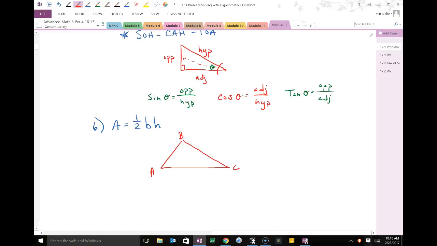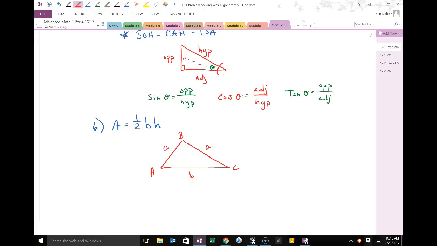Okay, let's say my base is going to be this right here, B. By the way, when you're labeling triangles, these side lengths are literally opposite of their angles. So side A would exist opposite of angle A, and side C would exist opposite of angle C. And sides are lowercase letters, and angles are uppercase letters.